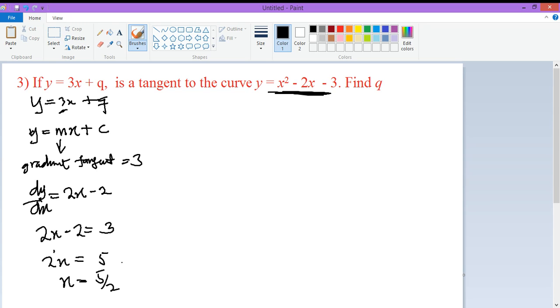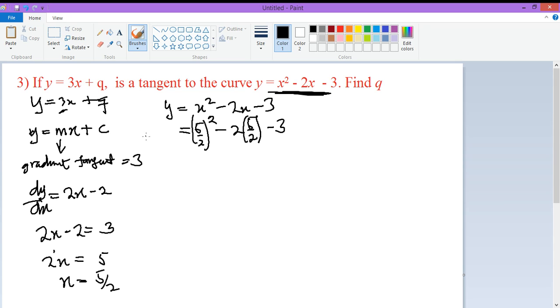So if x is equal to 5 over 2, let's find the y coordinate by using the equation y is equal to x squared minus 2x minus 3. So to find the y coordinate, we just substitute our x value: 5 over 2 all squared minus 2 times 5 over 2 minus 3.